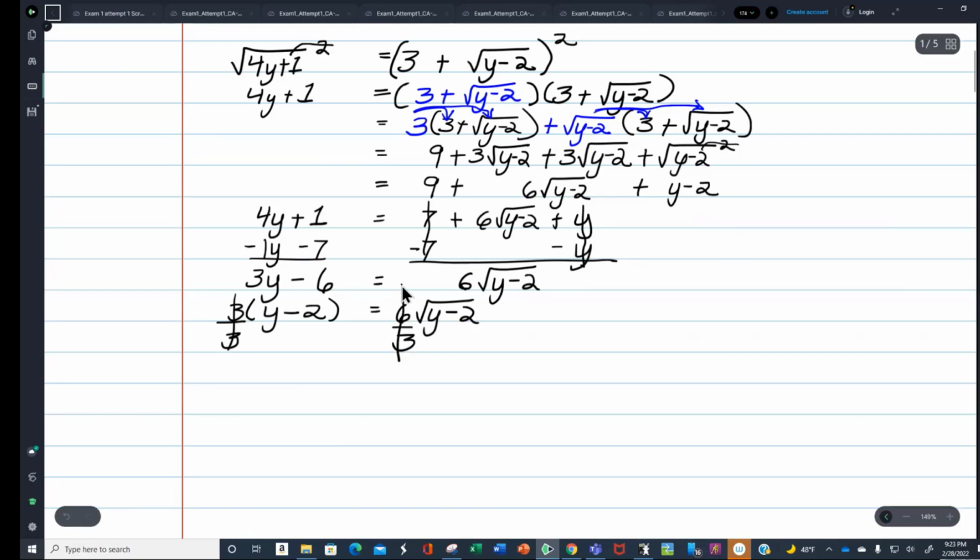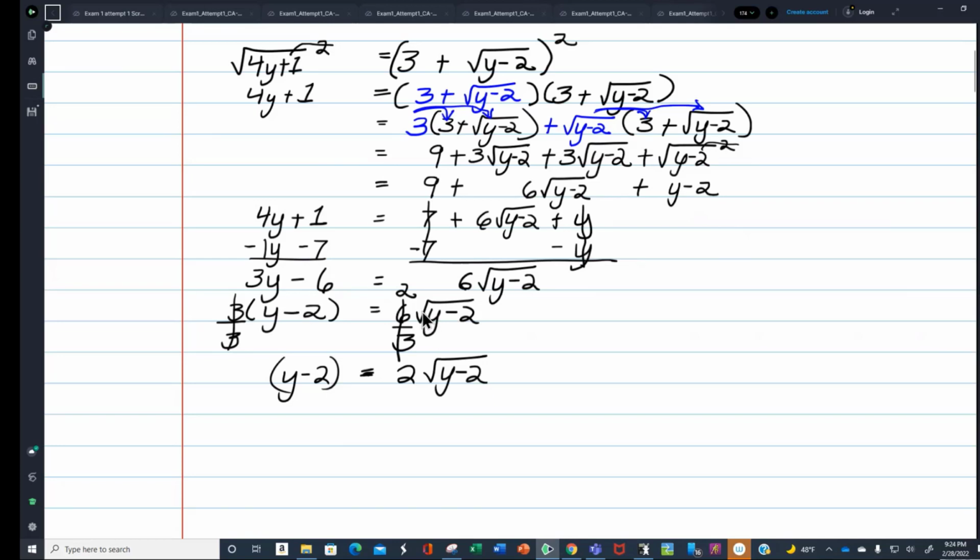Three goes into 6 2 times. So I'll have y minus 2 equals 2 times the square root of y minus 2. Actually, I did need to do that.